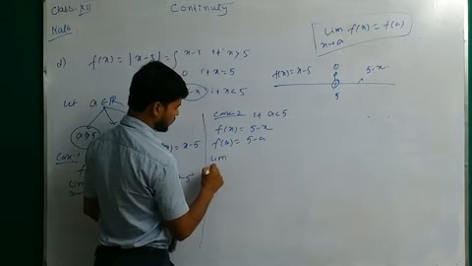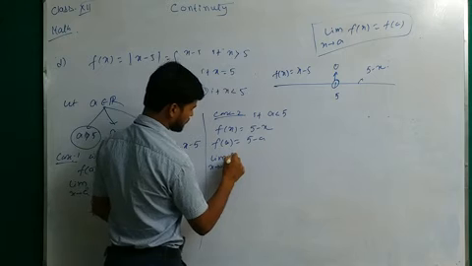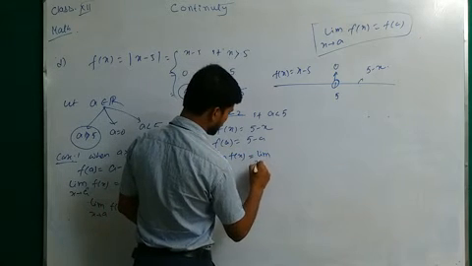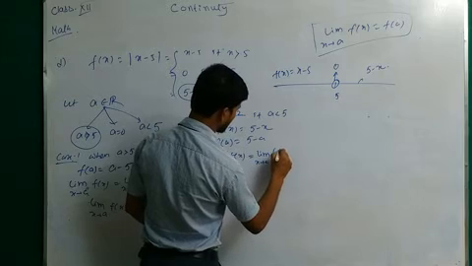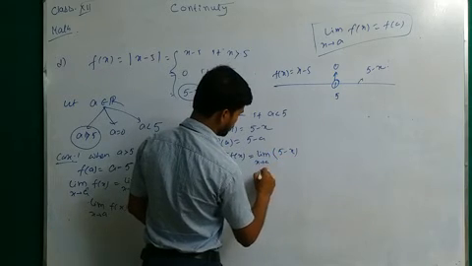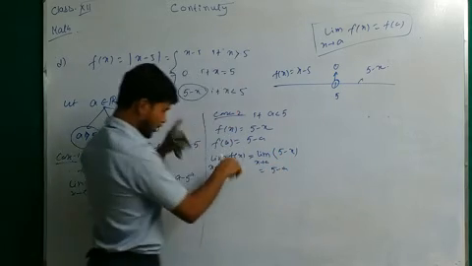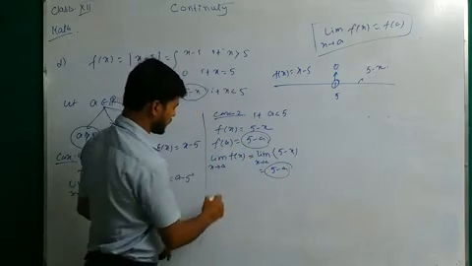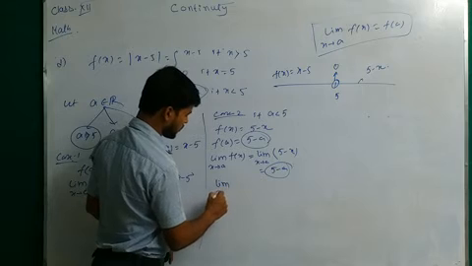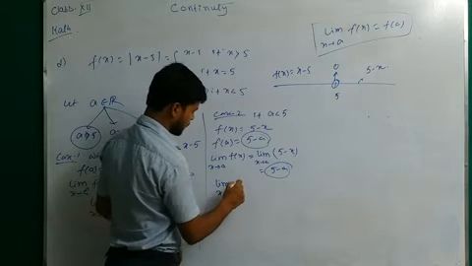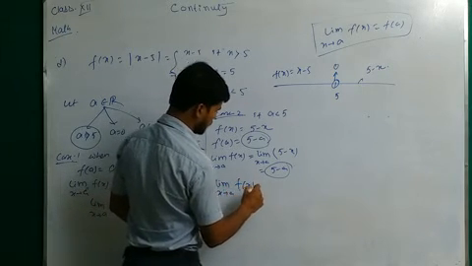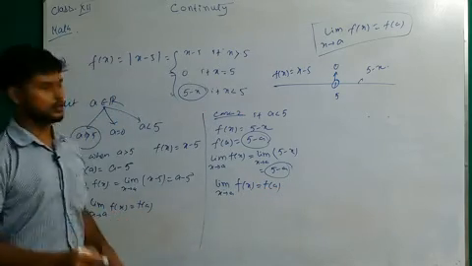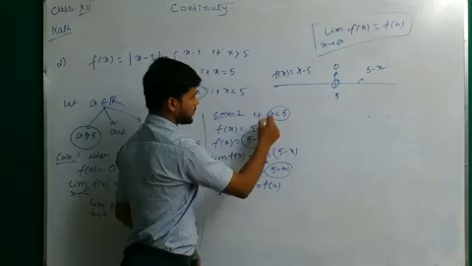Now calculate limit x tends to a f of x, which will be equal to limit x tends to a of 5 minus x, which is equal to 5 minus a. Now from this and this we can say that limit x tends to a f of x is equal to f of a. That means the function is continuous for a, where a is less than 5.